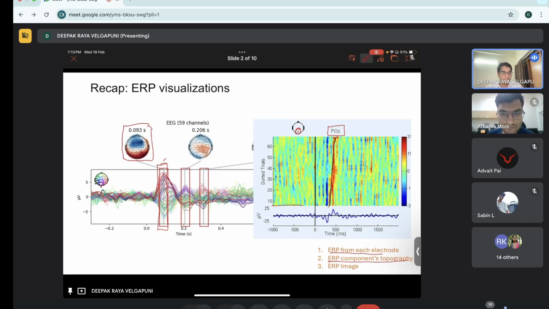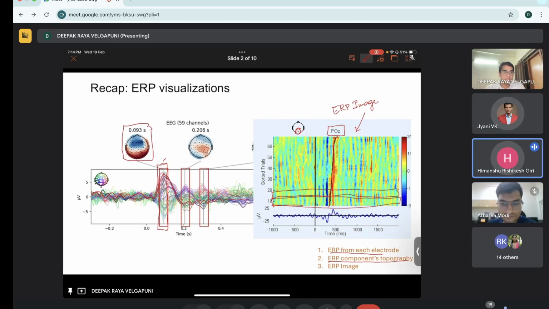But what is happening here is we take a smoothing window like this, smoothen it and stride, like step it, and that way you get a nice ERP image like this. So this is another way of visualizing ERPs. This is called an ERP image. Is everyone clear with how an ERP image is formed? Okay, cool. Just one question, Deepak.